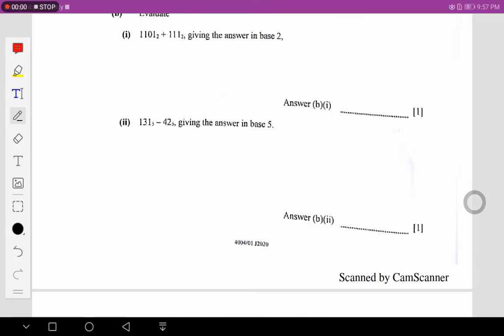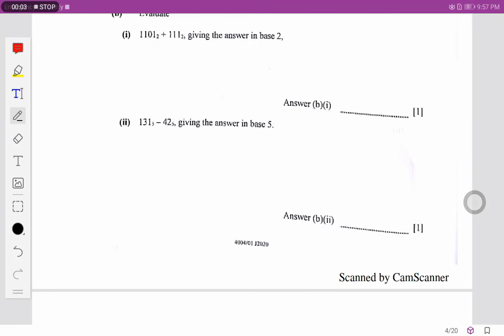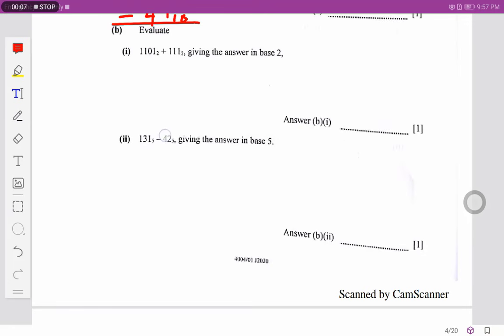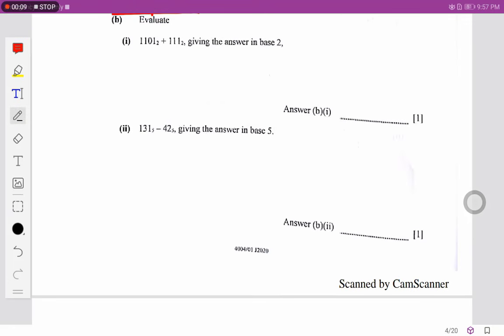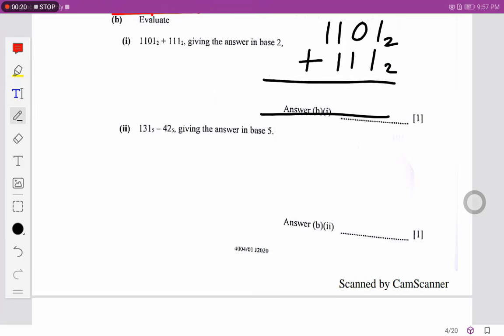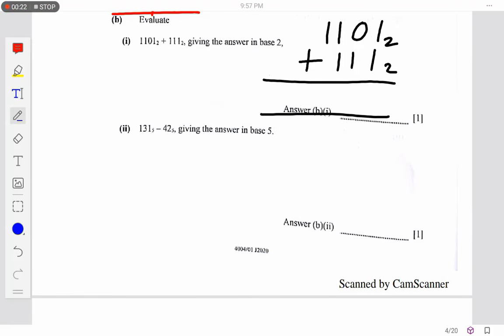That's my answer. Here now, let's add. We can say 1101 base 2 plus 111 base 2. When we are adding, we start off with this 1 and 1 here. 1 plus 1, we get a 2, which is our base, so we say 2 minus 2 there, we get a 0.